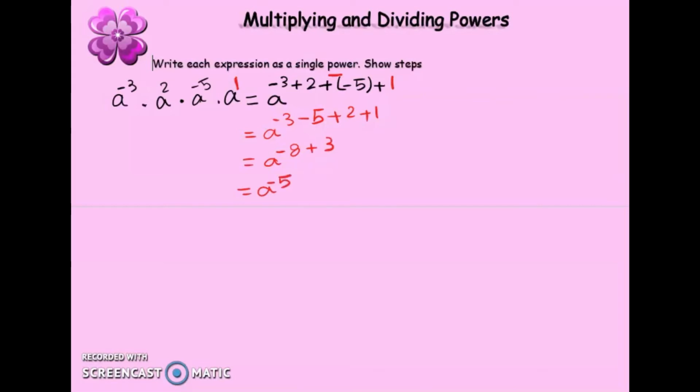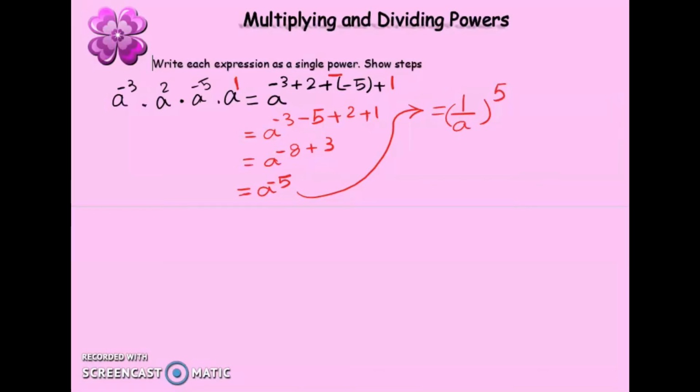Should I leave my answer like that? No. In the final exam, never leave an expression with a negative exponent, otherwise you will lose marks. You have to continue and represent this expression with a positive exponent. The base is a, so you flip a, which would be 1 over a, and raise it to the same exponent in a positive format.